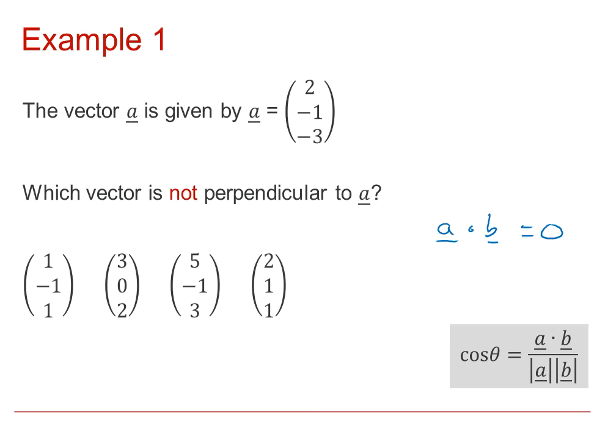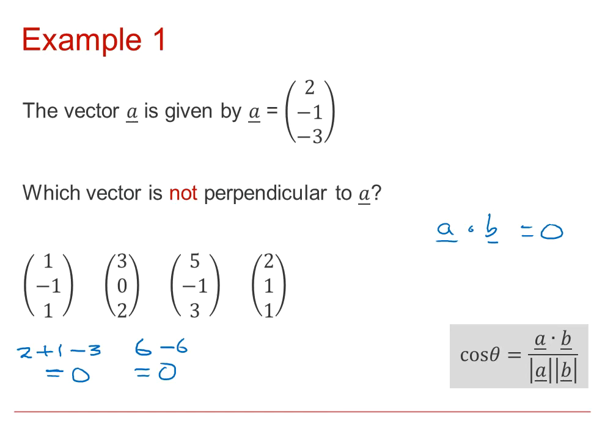With the first one, we would have 2 times 1 gives us 2, plus minus 1 times minus 1 gives us plus 1, and minus 3 times 1 would equal minus 3. That does give us 0, so that first vector must be perpendicular. Looking at the second one, we would have 3 2s are 6, 0 times minus 1, and 2 times minus 3 would give us minus 6, again 0. So the second vector is perpendicular.